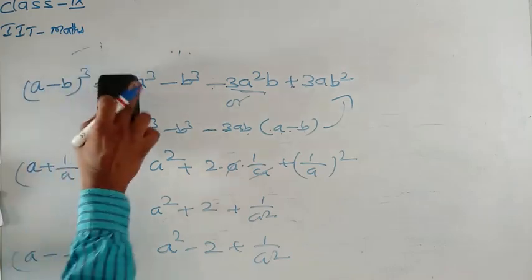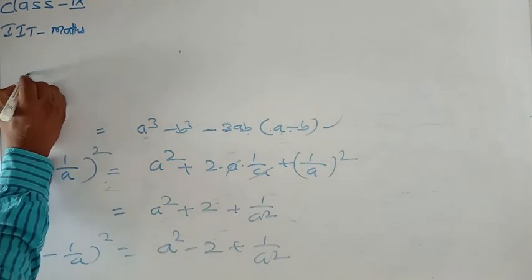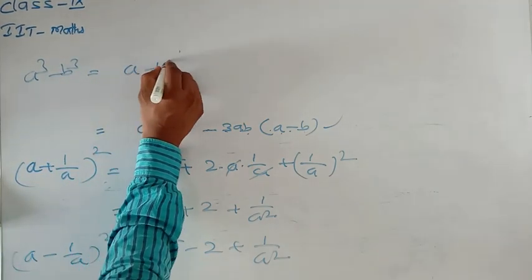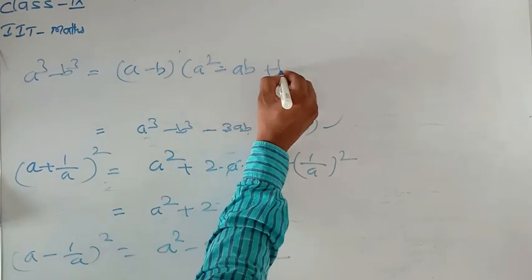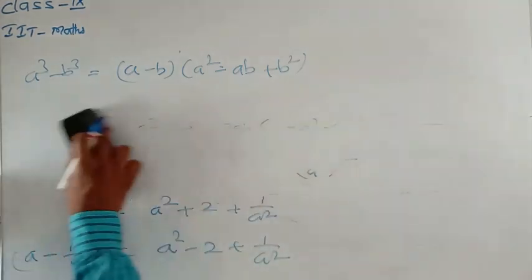And the next identity is a cube minus b cube. A cube minus b cube is equal to (a − b) into (a square plus ab plus b square). The next one is a cube plus b cube, which is equal to (a + b) into (a square minus ab plus b square).